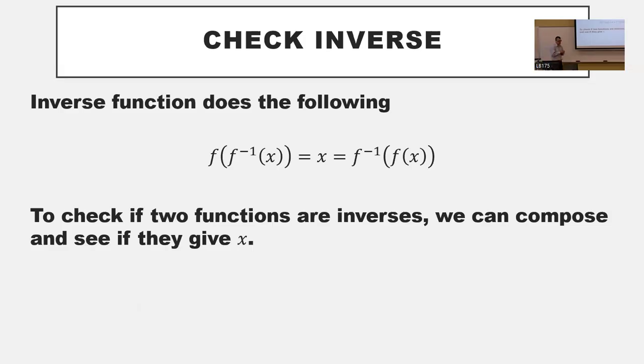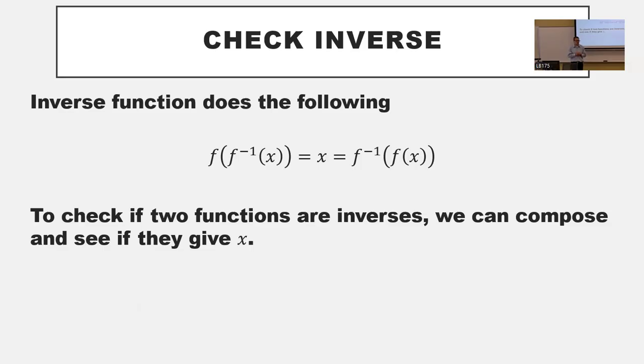Okay. So before we actually do the finding of the inverse, let's see how to algebraically check for inverses. If I want to see if f and g are inverses of each other, basically I'm just going to compose f of g and g of f.